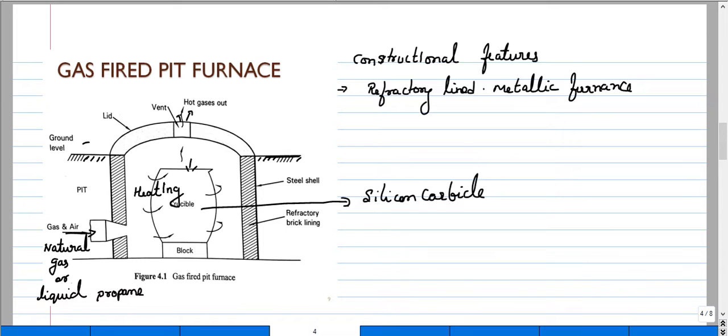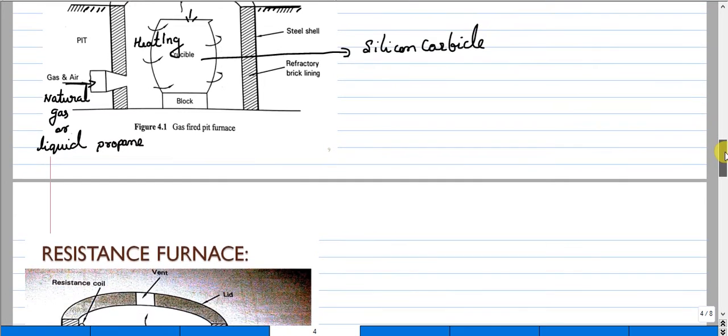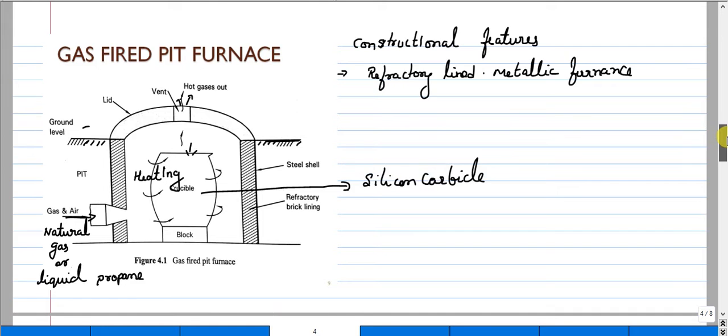The heat will be beyond its melting temperature, so it will start to melt, and once the melting is done, we can open this lid, take the crucible, and pour the molten metal into the mold cavity. So this is the first variation, that is gas fired pit crucible.